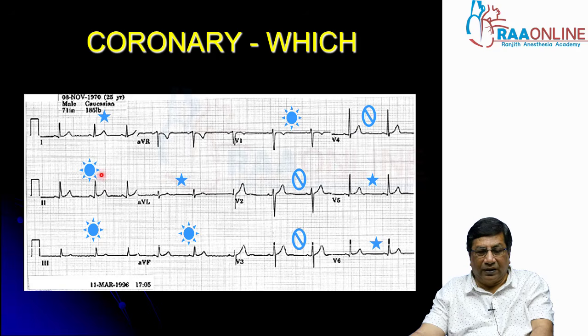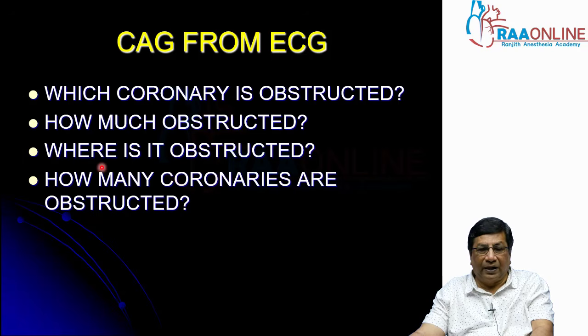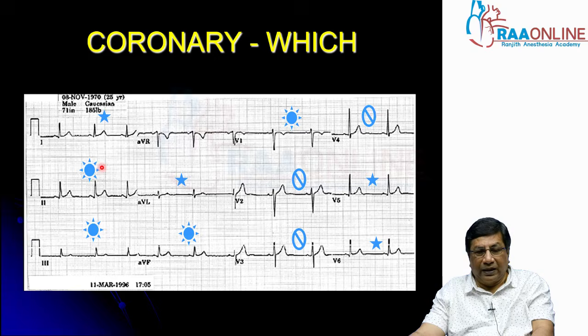So you know that if these particular leads show ST elevation, that particular artery is obstructed. As you know, the difference between ST elevation MI and non-ST elevation MI is that ST elevation MI is most often due to acute total occlusion of a major epicardial coronary artery due to red thrombus, which is rich in fibrin.